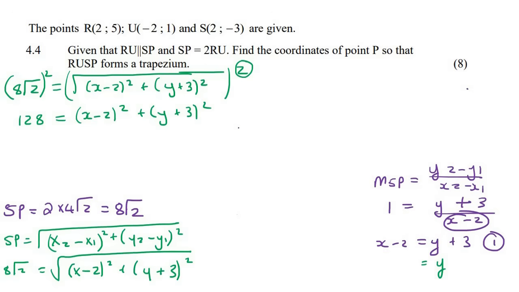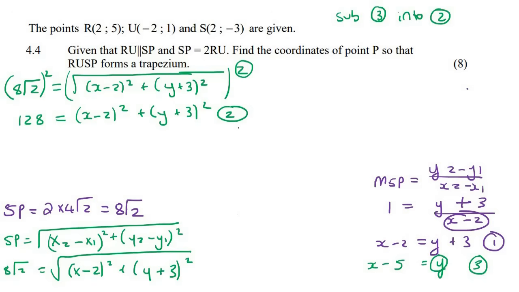It doesn't matter, but we can say that y is equal to x minus 2 minus 3, and so y would be equal to x minus 5. We could call that equation number 3, and this is equation number 2. Now we can just use substitution, so we can substitute number 3 into number 2.